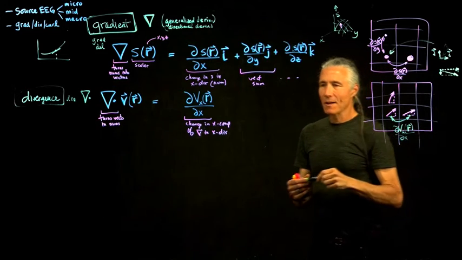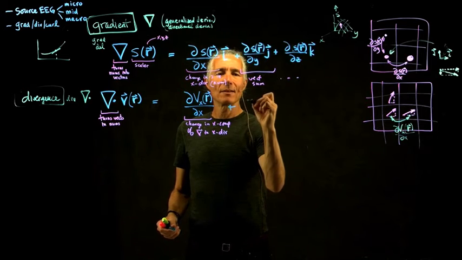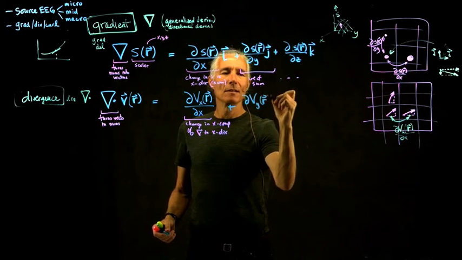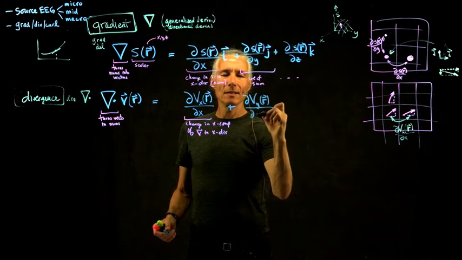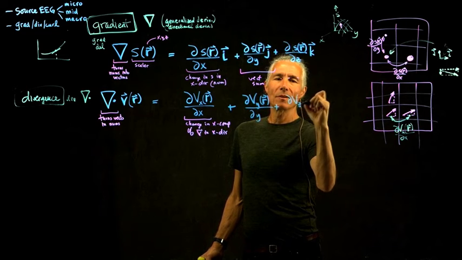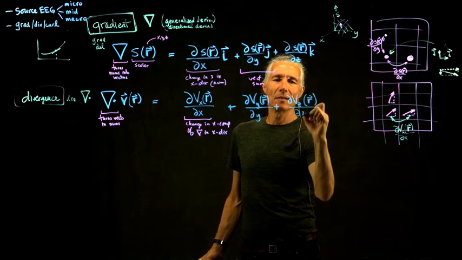And then we just add that to the change in the y component of the vector as you go in the y direction, and add it to the change in the z component of the vector as you go in the z direction.